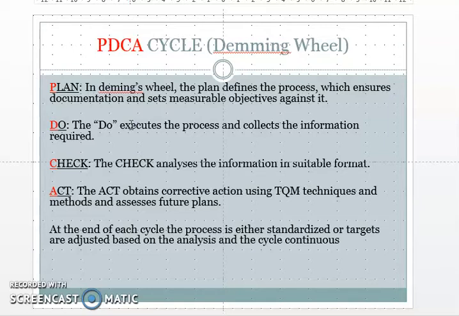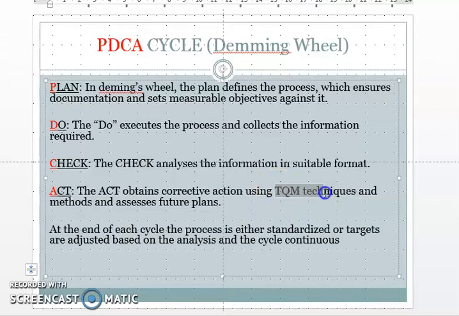Then do means execute the process and collect the information required. After that, the third step is check, which means analyze the information in a suitable format. After that, act means obtain corrective actions using TQM techniques and methods and assess the future plans.